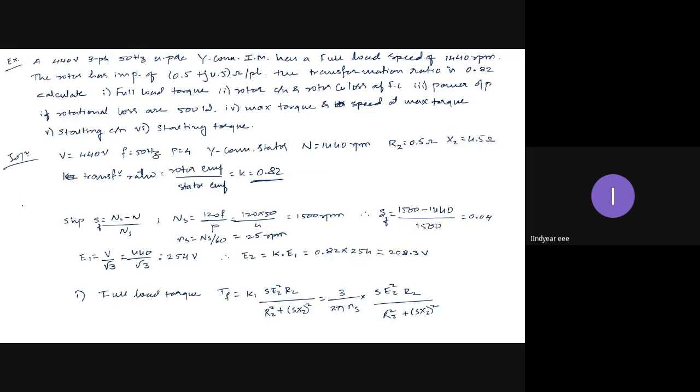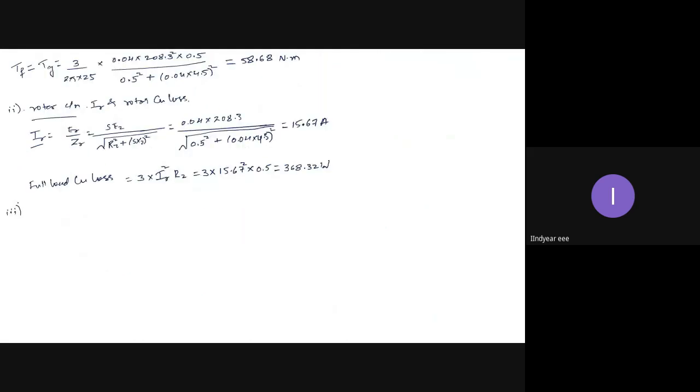Okay. Next, what is the third point to be calculated? It is power output if rotational losses are 500 watts. P out if rotational loss is equal to 500 watts. Okay.